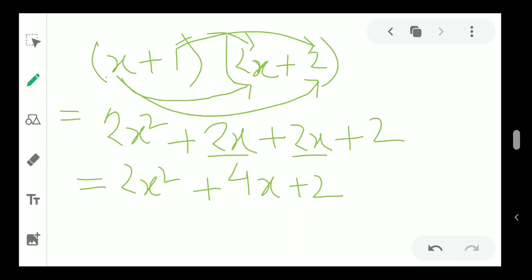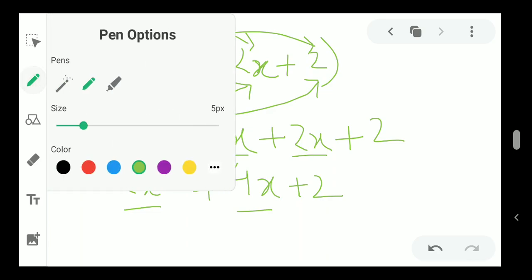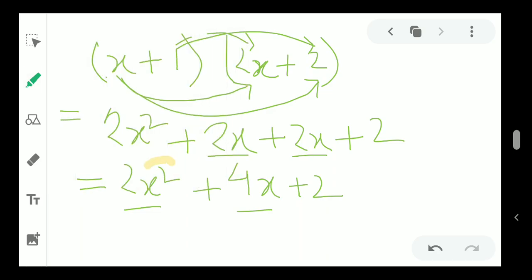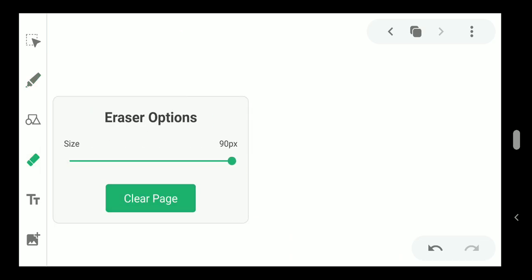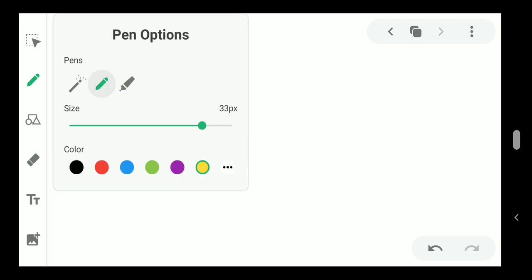But remember everyone, you cannot add 2x square and 4x because they are different things. 2x square is a different quantity, a different variable, and x is a different variable. So whenever you have something like x cube plus x square plus x plus 1, you cannot add them because they all are different quantities.